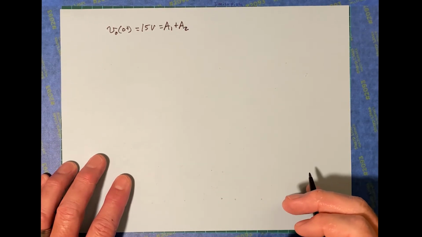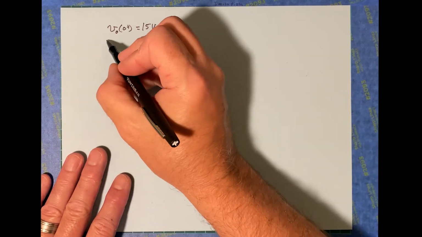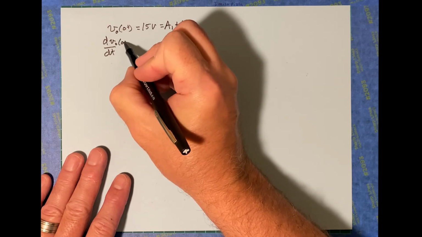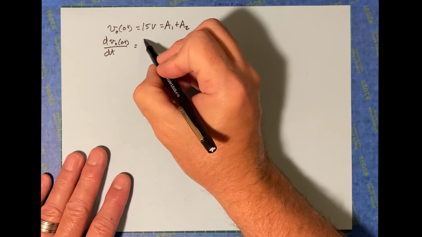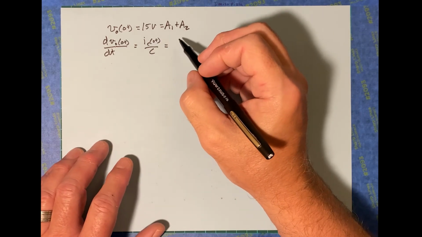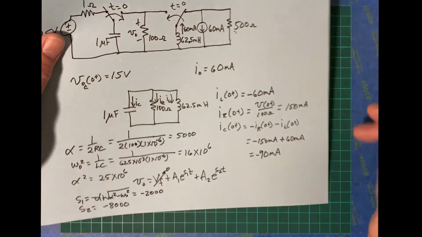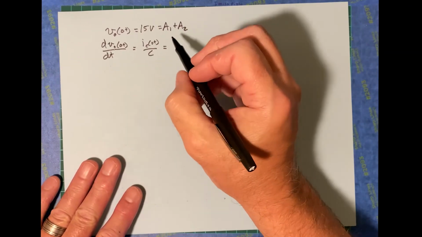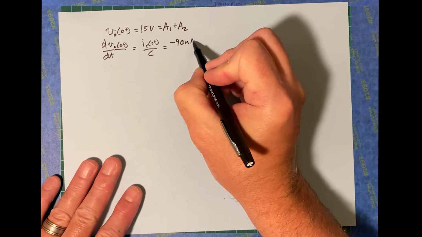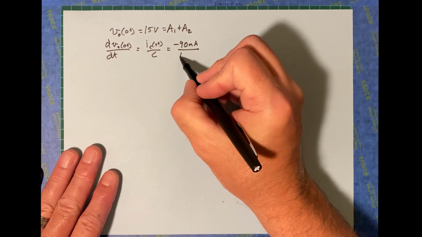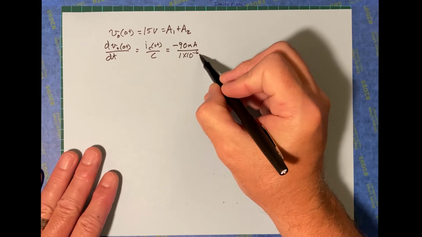The next one, dV naught dt evaluated at 0 plus, is going to turn out to be I sub c at 0 plus divided by c. And I sub c at 0 plus is the negative 90 milliamps. So negative 90 milliamps divided by c, and I've forgotten what c is. It's 1 micro, so 1 times 10 to the negative 6 farads.